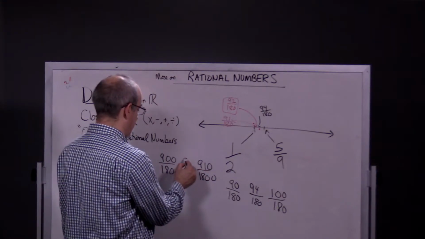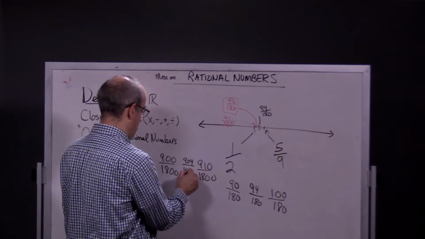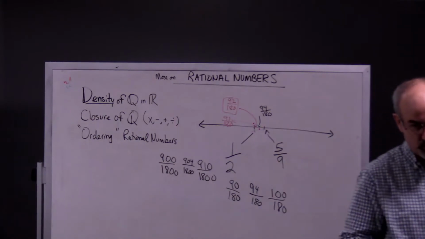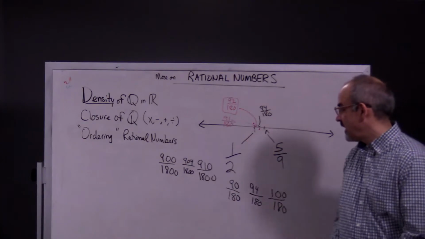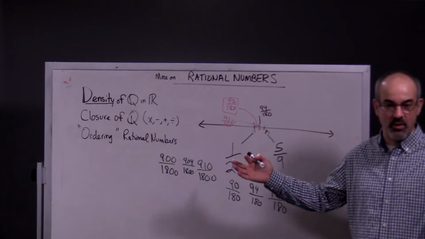Then you could pick a number that's in between 900 and 910. And then you have a rational number in between 1/2 and 91/180. It's 904/1800. And you can keep doing that.